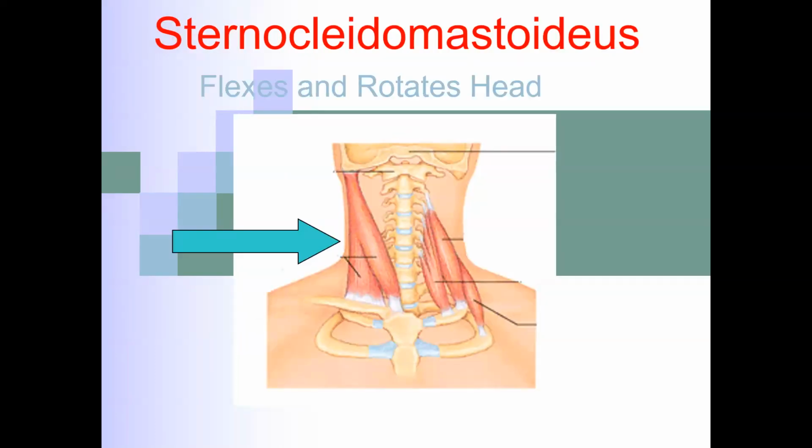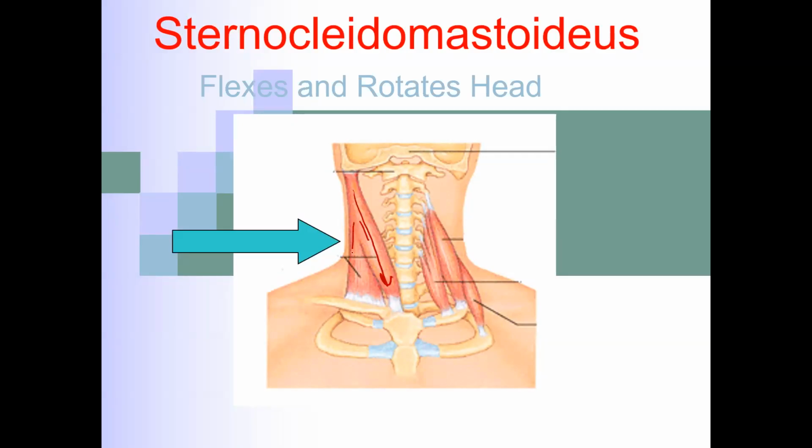So as it says here, it flexes and rotates the head. So it pulls the head down, as in the flex, and it can rotate the head by moving it inwards, right? So for example, if this part of the muscle here contracts strongly, the head gets pulled down and then towards the sternum.